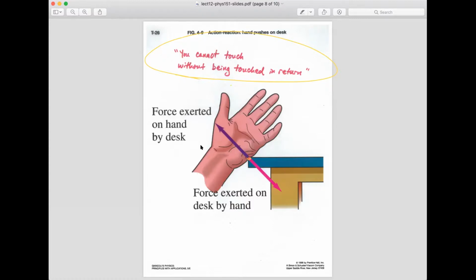What is deeper though than that is the fact that if you push on the table with 5 newtons, the table will push back on you with 5 newtons in exactly the opposite direction at exactly the same time. So simultaneously. And if you decide to suddenly increase the strength of your force to 10 newtons, then so will the table. The table will increase at the same time instantaneously to 10 newtons.